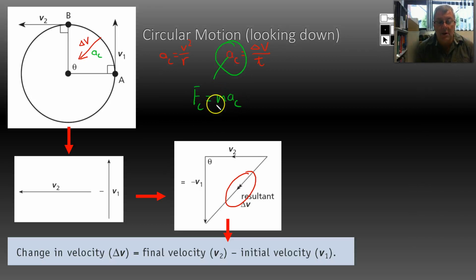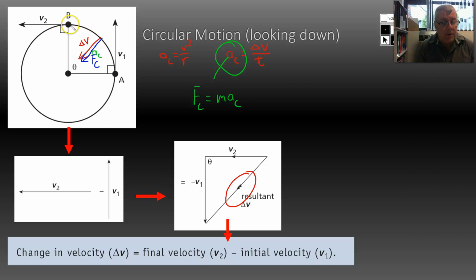Because mass is a scalar quantity, the direction of the centripetal acceleration gives us the direction of the centripetal force. We should see that the centripetal force in this case is towards the center of the circle, which is what I told you before. The centripetal force is always acting towards the center of the circle.